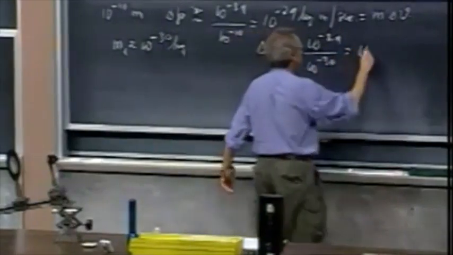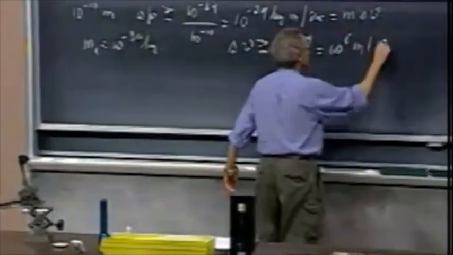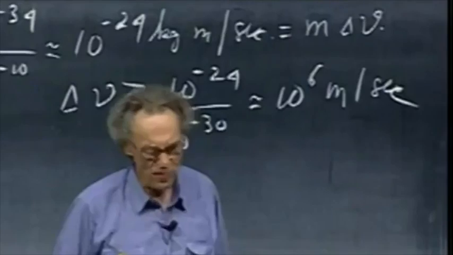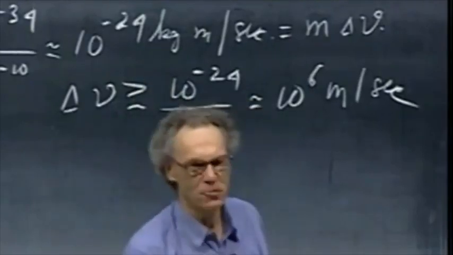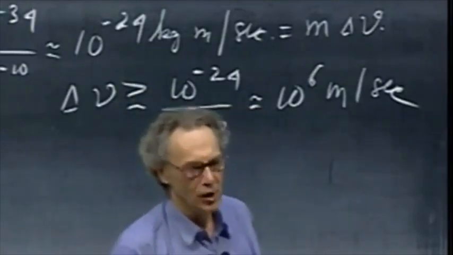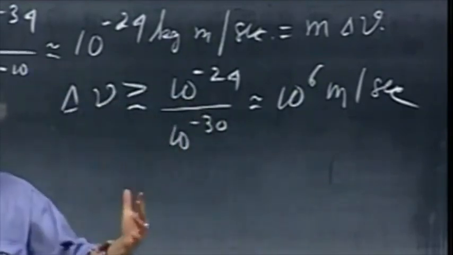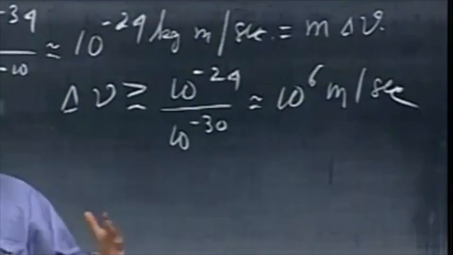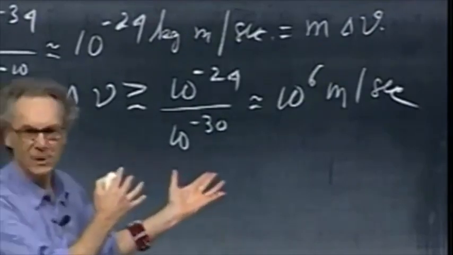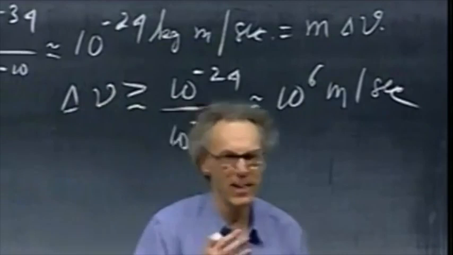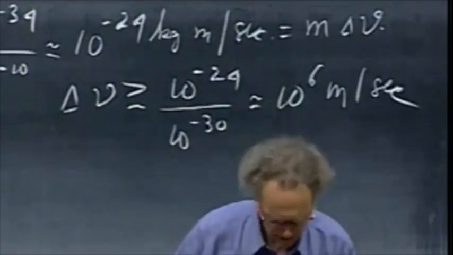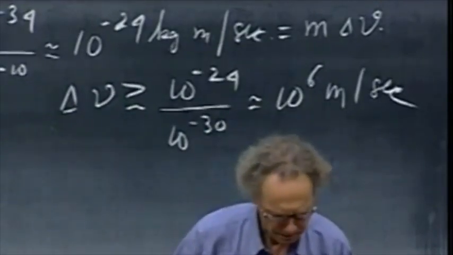And that is about 10 to the 6 meters per second. That is 1/3% of the speed of light. So the electron is moving only because of the fact that it is confined. That's what quantum mechanics is all about. The electron's motion is dictated exclusively by quantum mechanics.